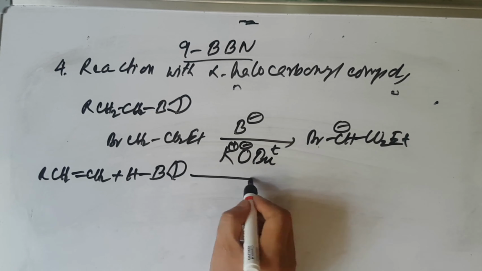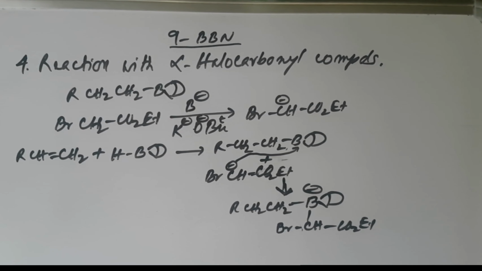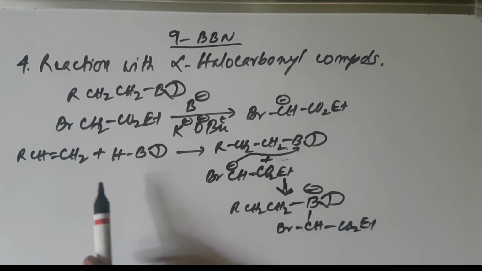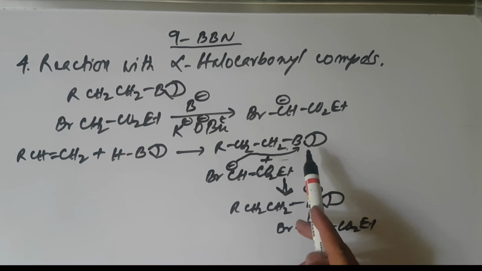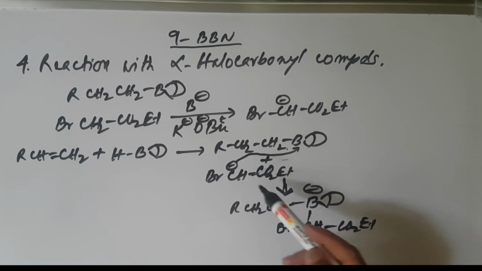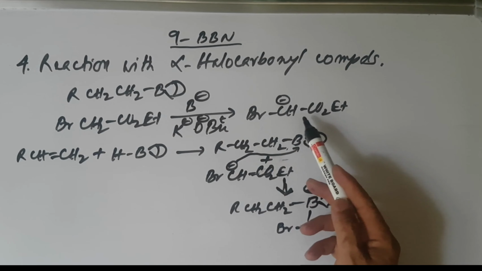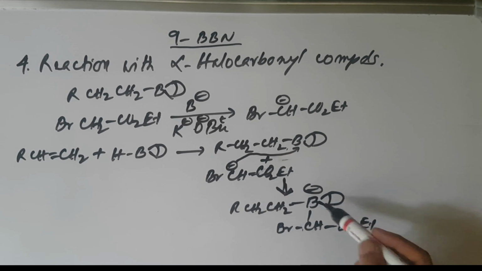There is some problem in the last part, so I'm repeating again. So we got the alkene with 9BBN, we got an alkyl boron, then it reacts with this bromoacetate, the anion forms, then it attacks here. First we got this product.